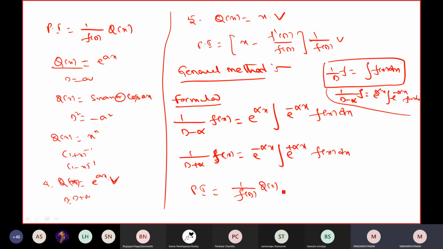This f of d can be expressed as a product of linear factors, like f of d as d minus alpha 1, d minus alpha 2, and so on up to d minus alpha n, based on our f of d.